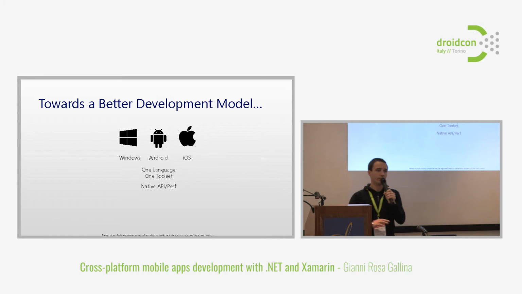Apart from that, if you have two machines, one Windows and one Mac, you can do all the development in Visual Studio for Windows, and you install a little agent on the Mac, which talks to Visual Studio remotely and builds the application through the Visual Studio interface. But let's go on and see why and how we can reach the native API and native performance.